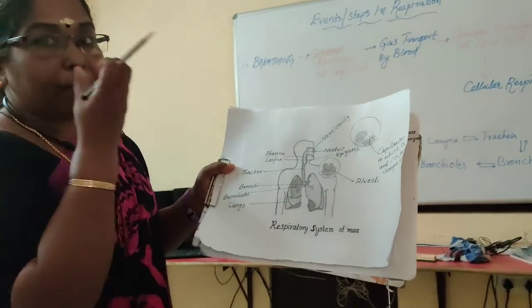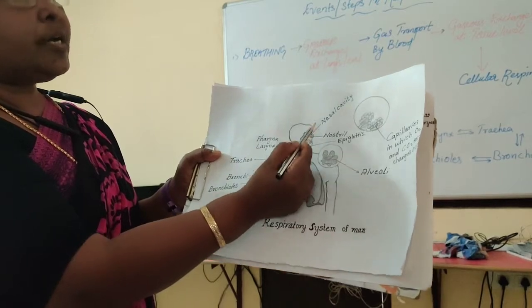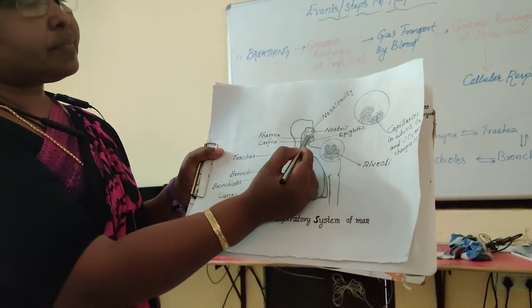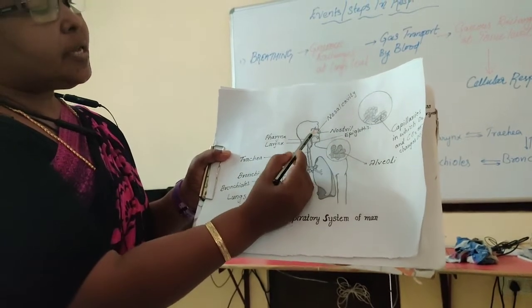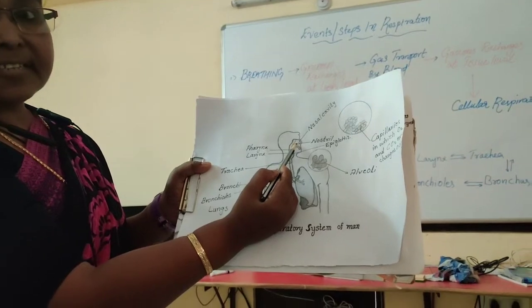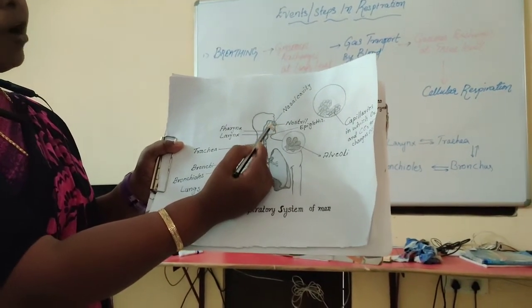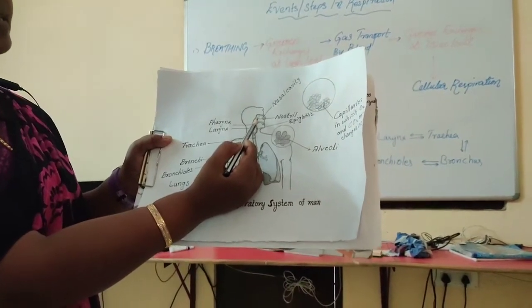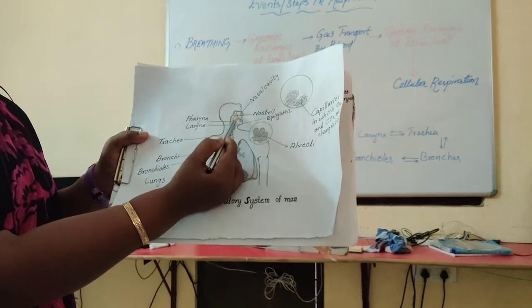Through this opening from outside, the air enters into the nasal cavity. This part is the nasal cavity. Inside the nasal cavity, a moisture layer is there and hairy structures are arranged on the walls. This helps to remove some dust particles from the air.